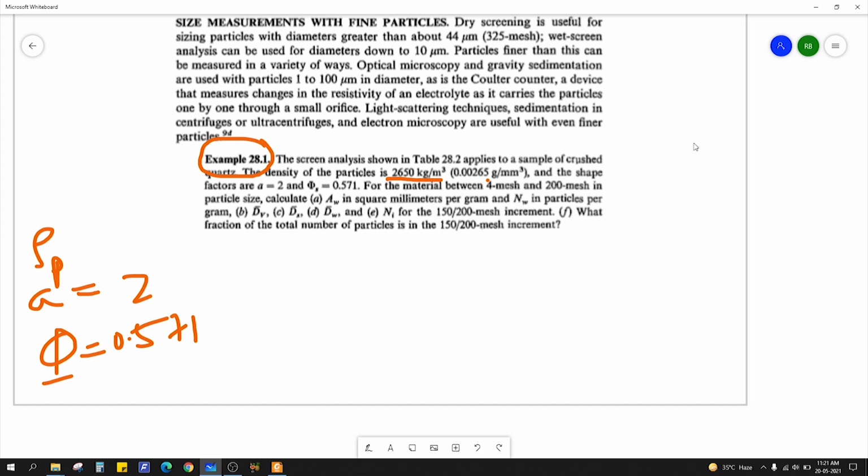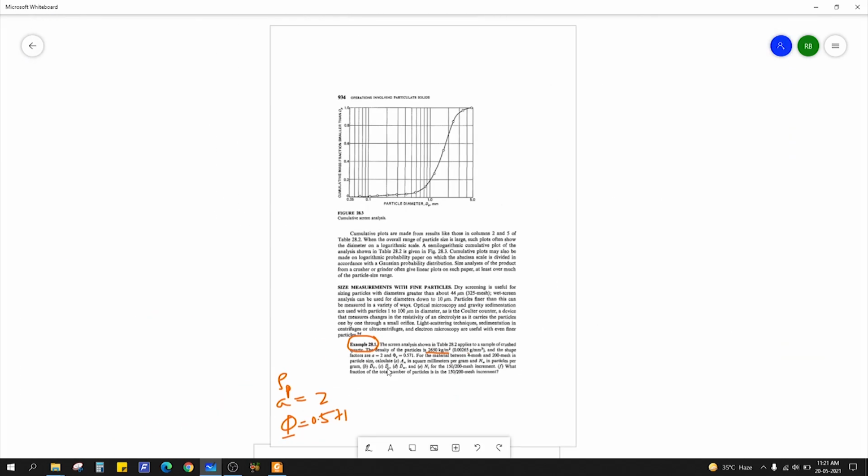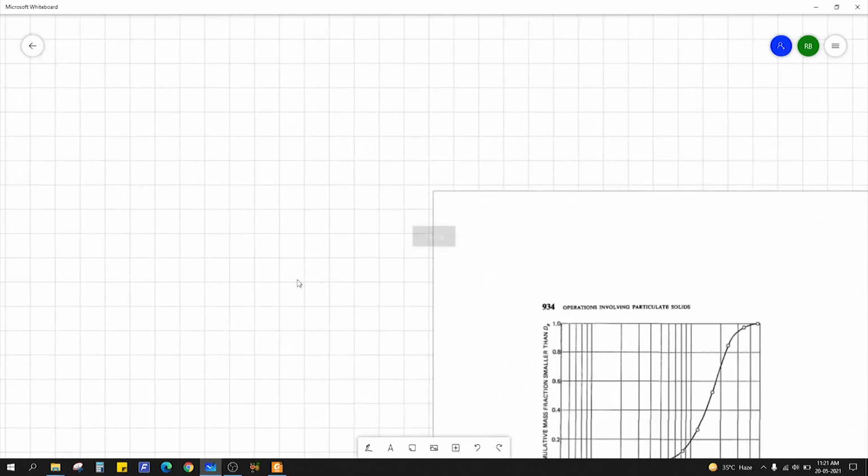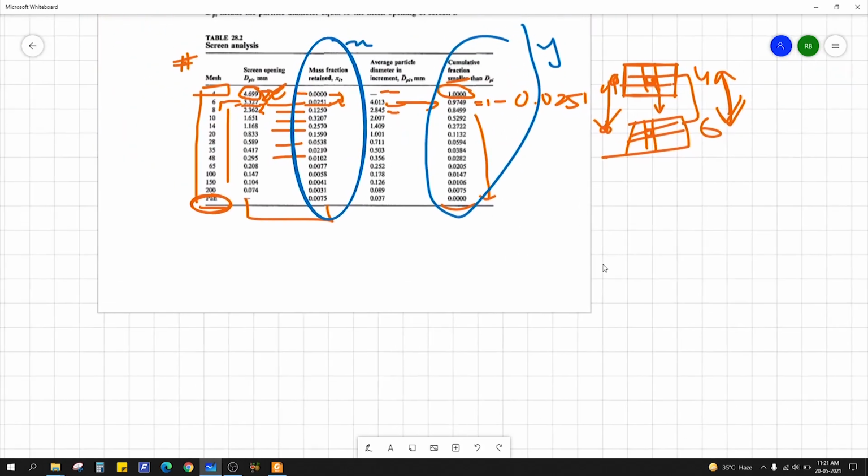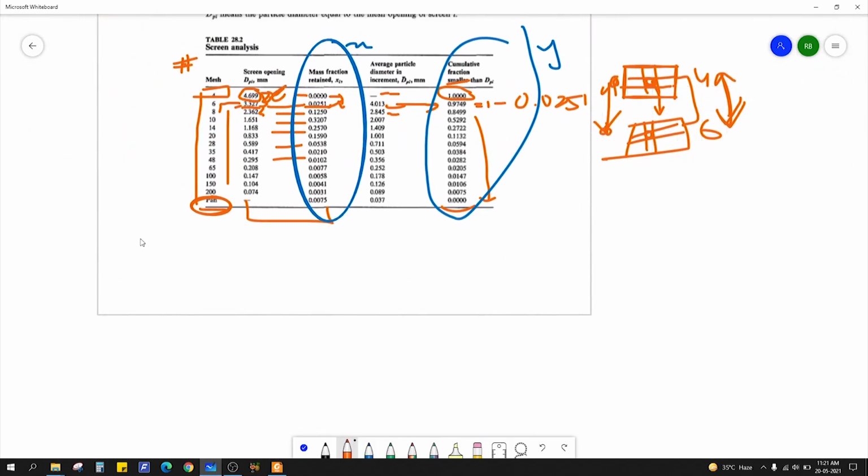You have to go through the table again. It says the material from 4 to 200, excluding the pan.